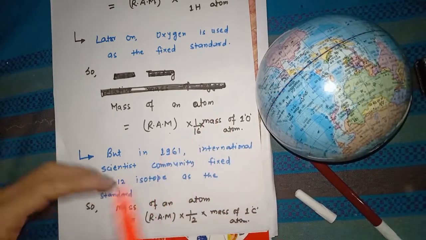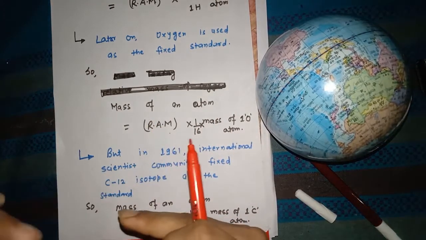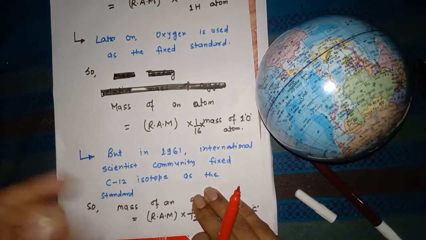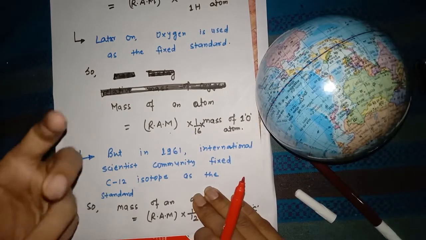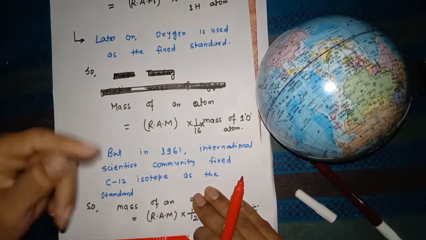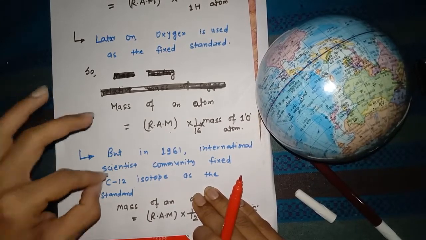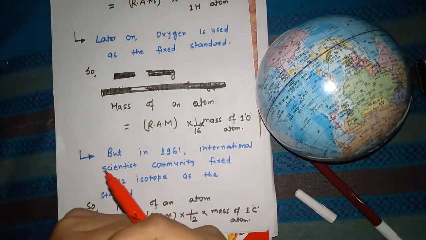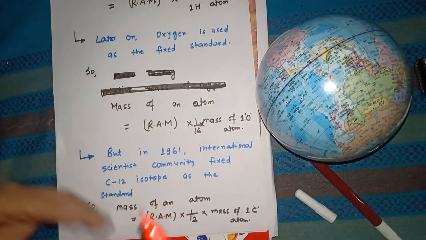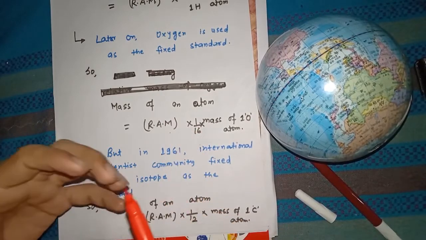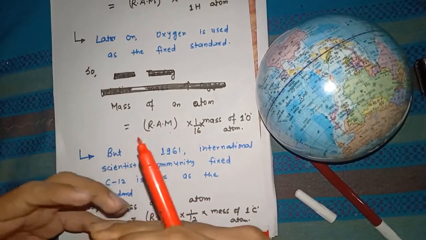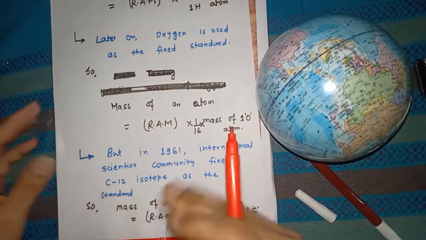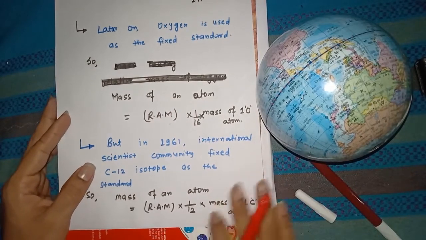So scientists took it as the standard for the measurement of the mass of all atoms. C12, that is 6C12, means the atomic number of carbon is 6 and the mass number is 12. This atom is taken as our reference for the measurement of the mass of any atom. So after 1961 we measure the mass of all atoms in terms of the carbon 12 isotope, and we will study it in detail in this chapter.